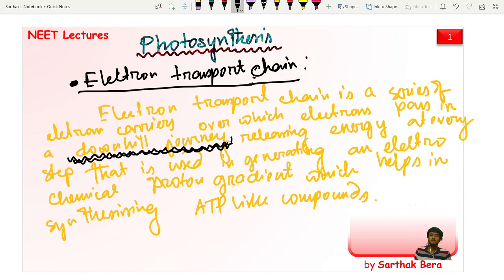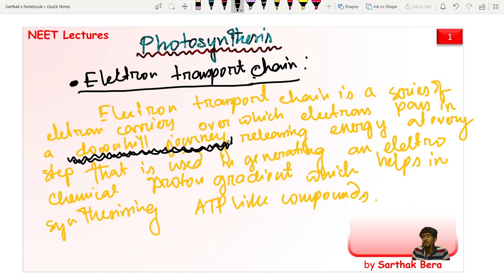That means this flow of electrons helps in accumulating protons in a particular site, that is the lumen of the thylakoid.